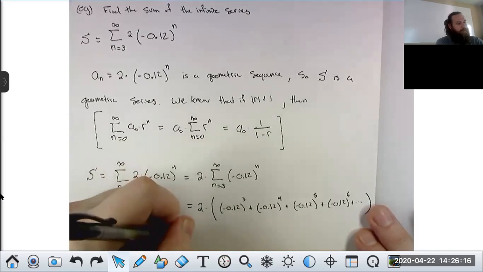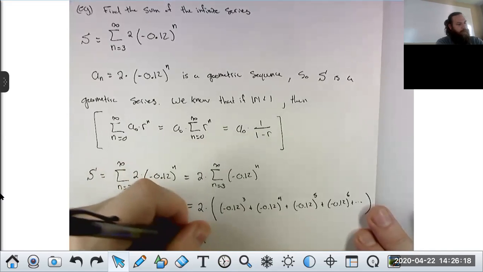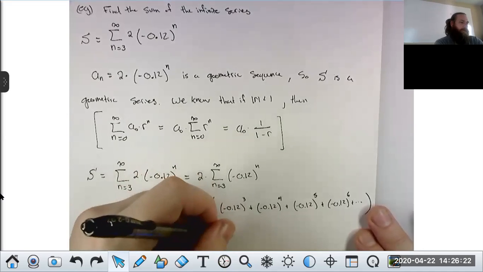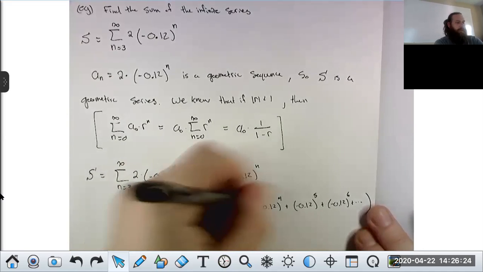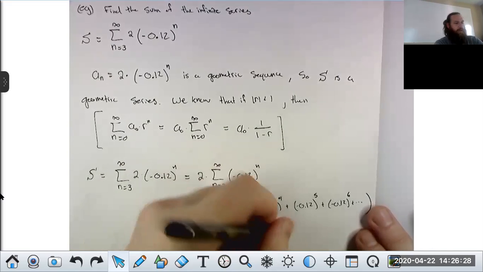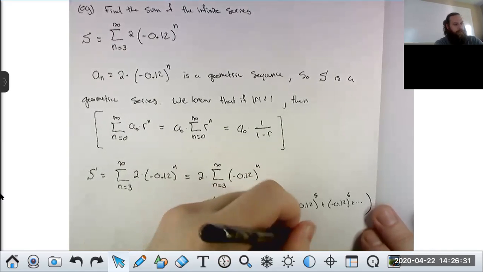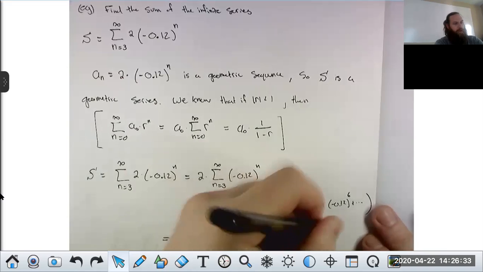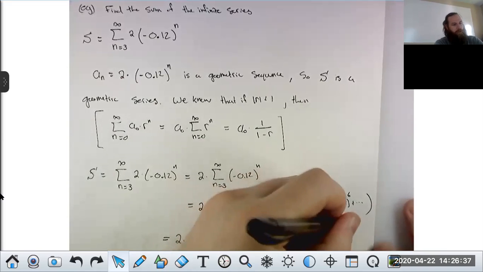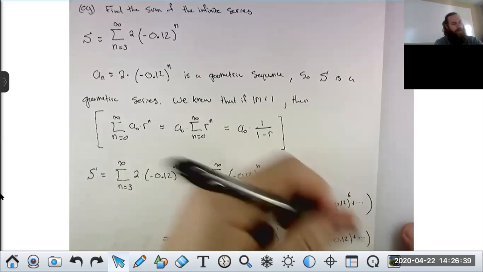So this is 2 times negative 0.12 cubed, and then this piece would become a 1. This piece would become negative 0.12 to the 1. This piece would become negative 0.12 squared. This piece would become negative 0.12 cubed, and so on.